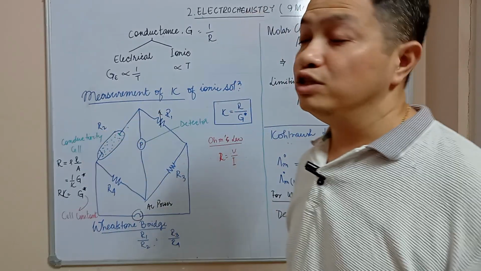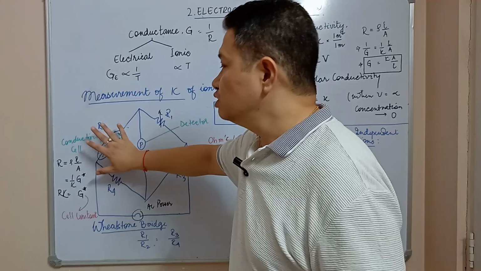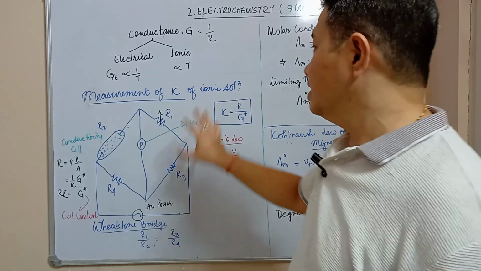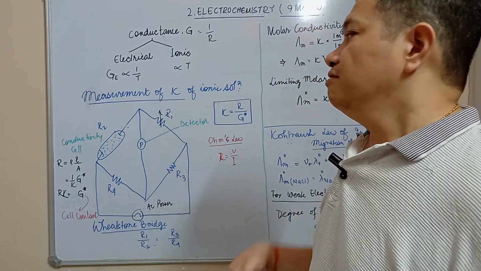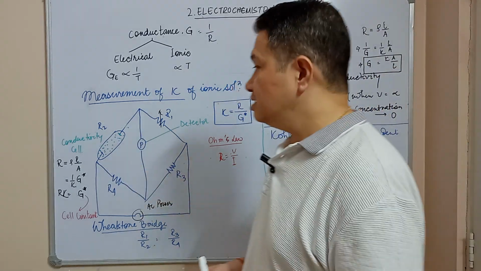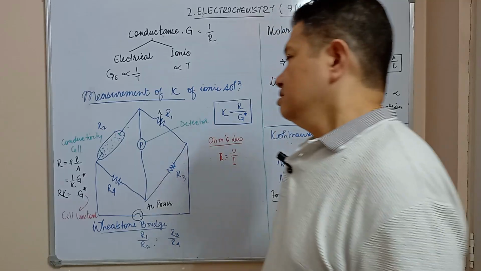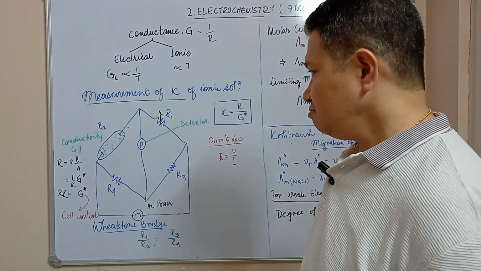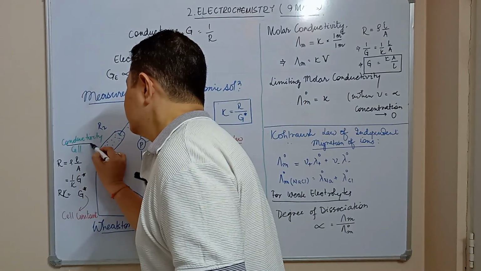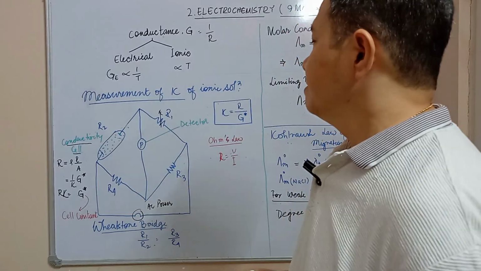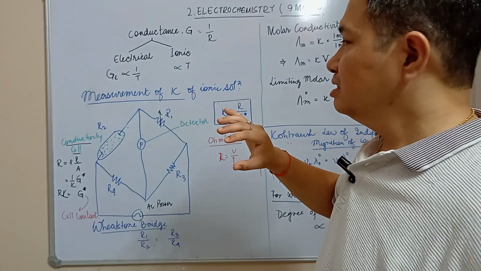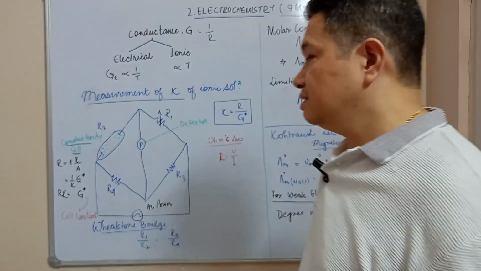The resistance R2 is unknown, and we are going to find out the resistance of this resistor. But in our case, it won't be a resistor; it will be an ionic solution. And for an ionic solution, we need to use this kind of apparatus that is called a conductivity cell. The ionic solution for which you want to measure the conductivity has to be put in the conductivity cell.